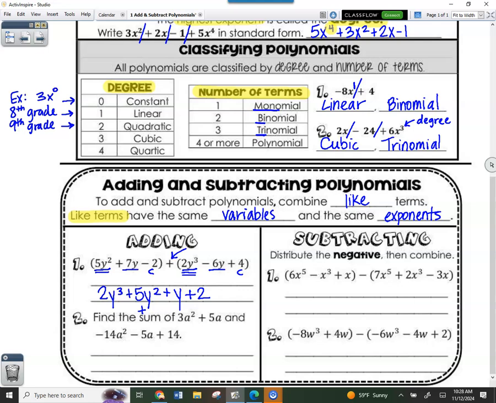So 3a squared would line up under negative 14a squared. So I'm going to put plus 3a squared here. And then 5a would go under negative 5a. And then I'm going to draw my line, and I'm going to stack this and add straight down.